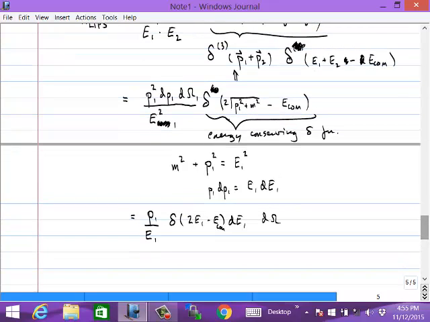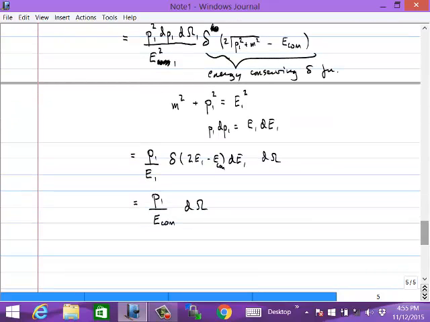And then you can use the energy conserving delta function to do the integral over the energies. And so this Lorentz invariant phase space factor is just P1 over E, up to some factors of 2 that I'm careful to neglect.